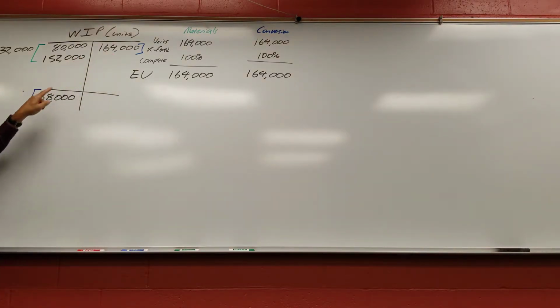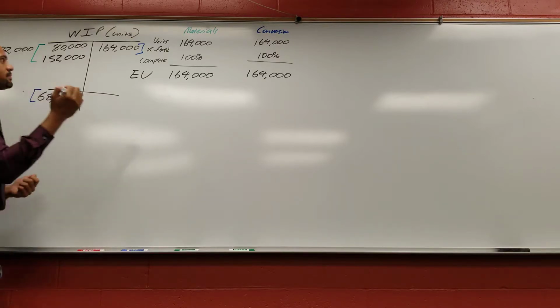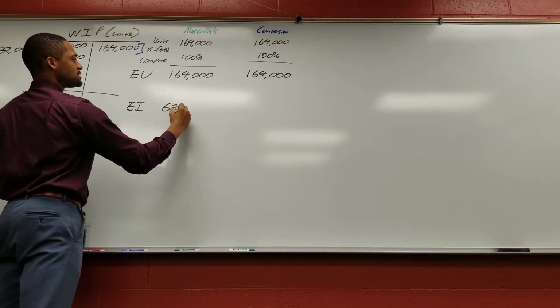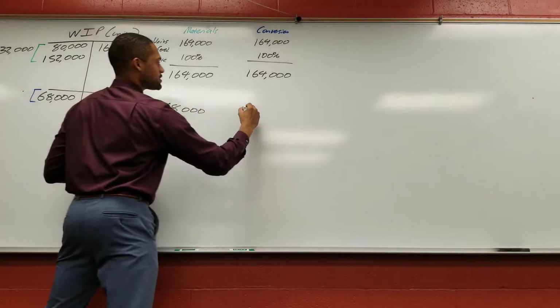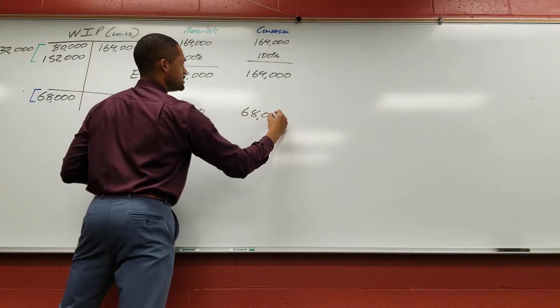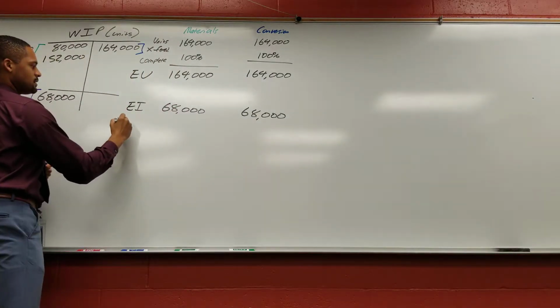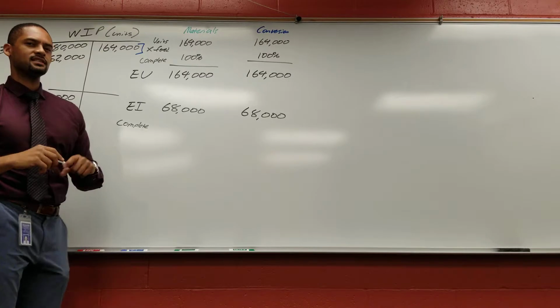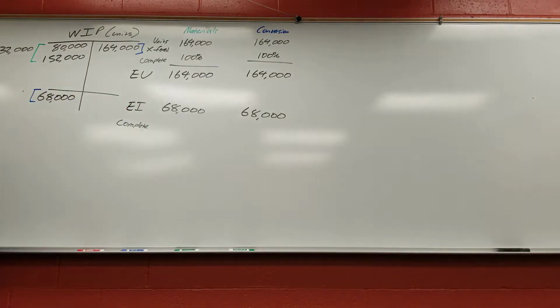Next, we go to the ending inventory, right down here. The ending inventory contains 68,000 units. Same with conversion, 68,000 units. The percent complete, we've got to go find. The problem doesn't tell us how complete they are with materials, but if you look at that second sentence, it says it adds all materials at the beginning of the manufacturing process.